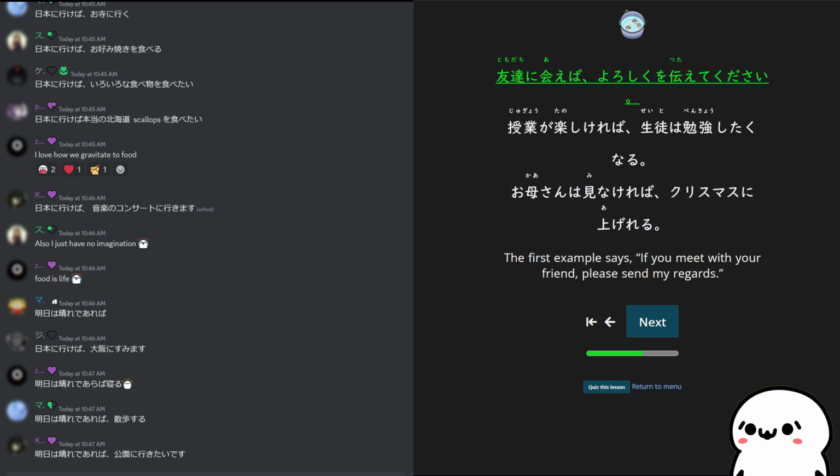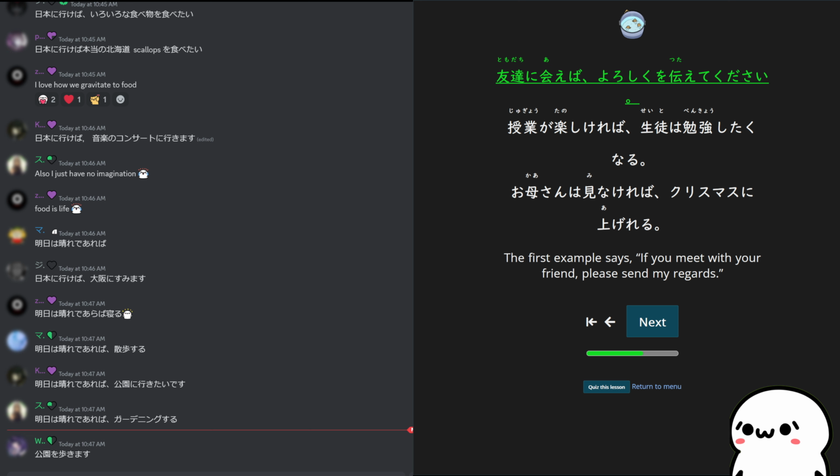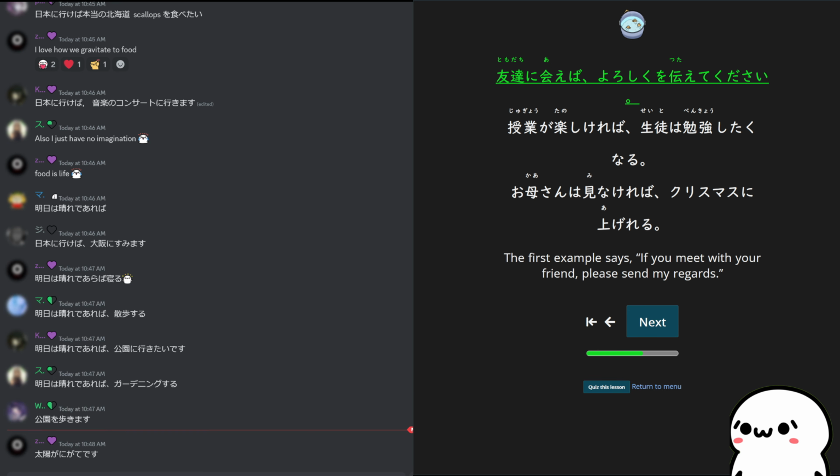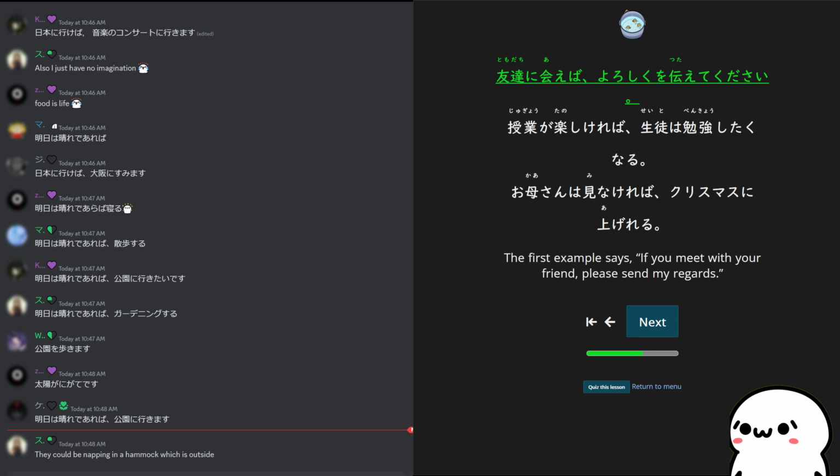That makes it sound like if it's not sunny, then you won't sleep. Like if it's rainy, you're getting out there, which makes me think you're a frog. You probably want to say, even if it's sunny, I'm going to sleep. And in that case, you'd be using demo. Hare demo nemasu. That's true. They could be napping outside.